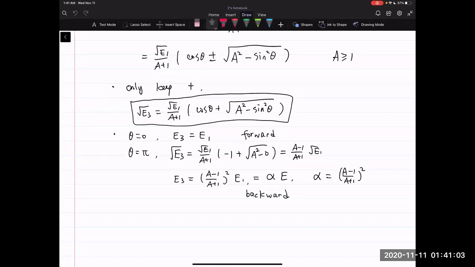Equivalently, we can say the scattering is described in the center of mass coordinate. In the center of mass coordinate, the wave function of the scattered neutron is a spherical wave.